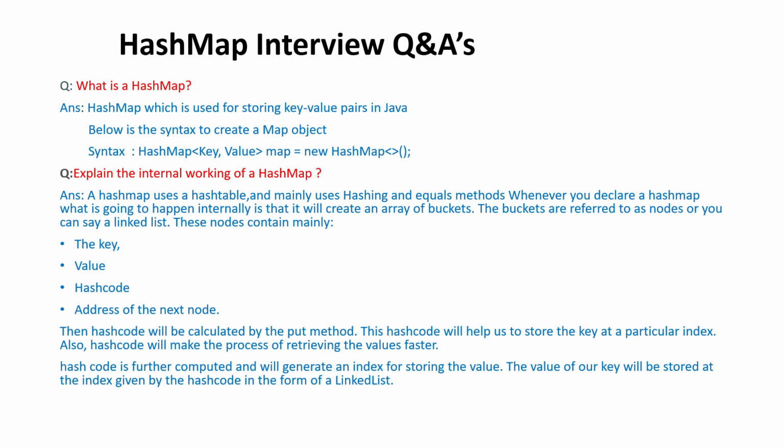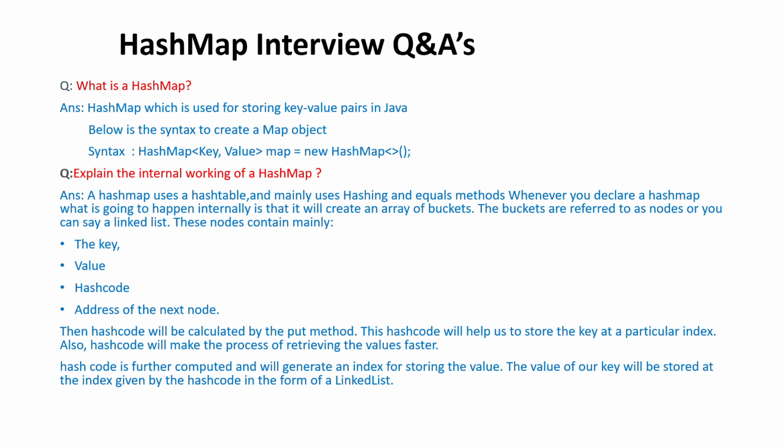So explain the internal working of a HashMap. This is one of the famous questions. Mostly we face this type of question in interviews at such companies. So the answer for this one is, HashMap uses a hash table, and mainly uses hashing and the equals method.